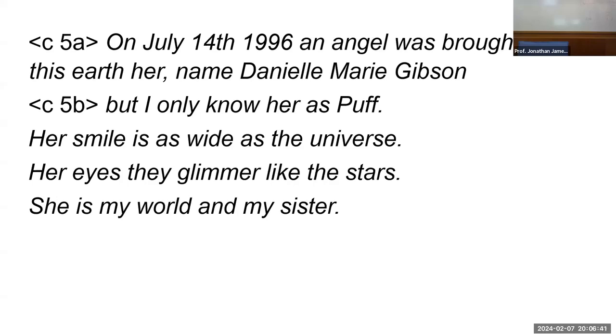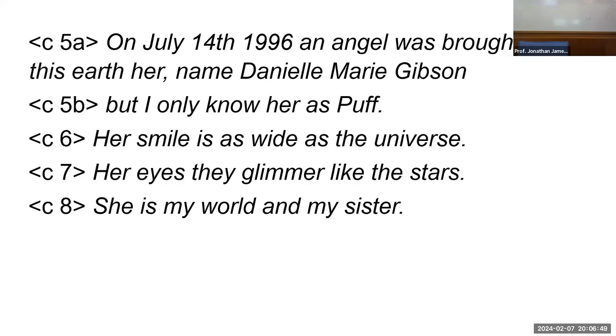So that's part of the sentence. 5A, 5B. But what about the next three? Her smile is as wide as the universe. 7. Her eyes, they glimmer like stars. 8. She is my world and my sister. What do you notice about 6, 7, and 8?